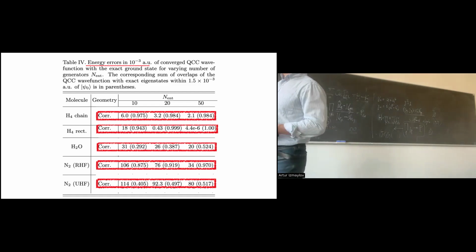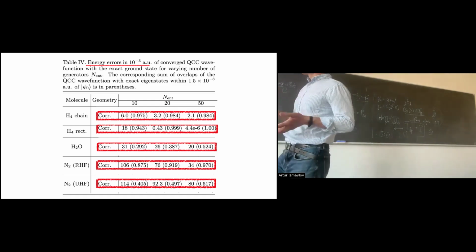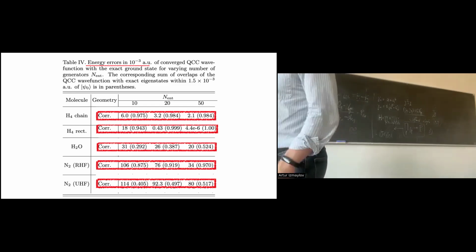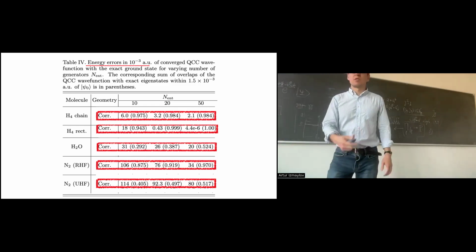And for classical algorithms, like VQE, if you don't use QPE, we are still far from the chemical accuracy with this number of entanglers, but it's a small number: 10, 20, 50. So the point here is that to get a non-negligible overlap, it's much easier than to get the chemical accuracy in energy.